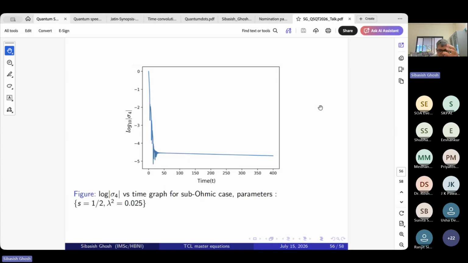I have not given the plots here. We have done some calculation of the entropy of the system under the dynamics, and it gives some kind of oscillatory behavior here also. Okay. And particularly higher orders also, yes.